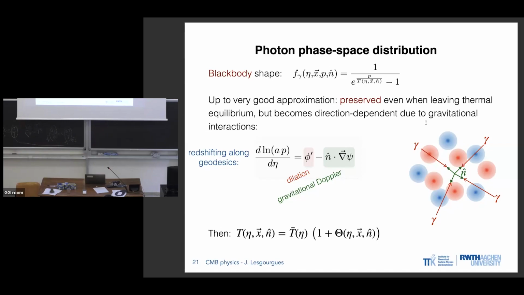Both give you interesting information. The information on the anisotropies has been exploited by Planck, WMAP, etc. The information in the spectral distortion, which again is very small, has not been exploited yet because we did not reach the sensitivity to detect these distortions, but it's a very interesting topic for the future.